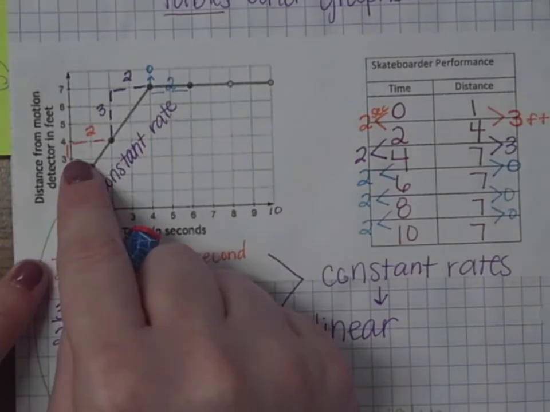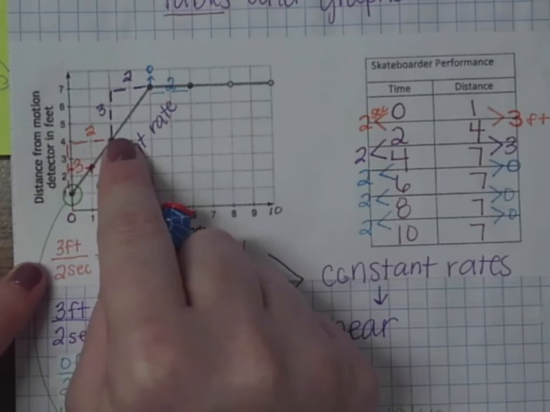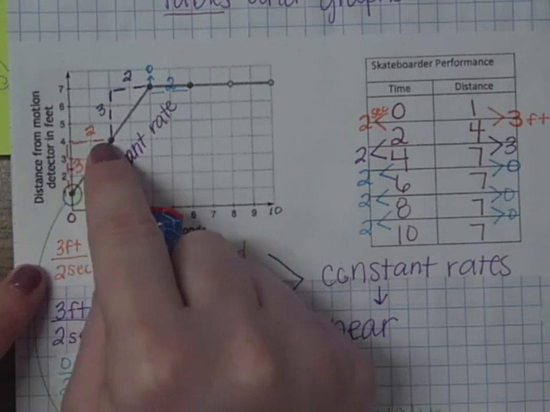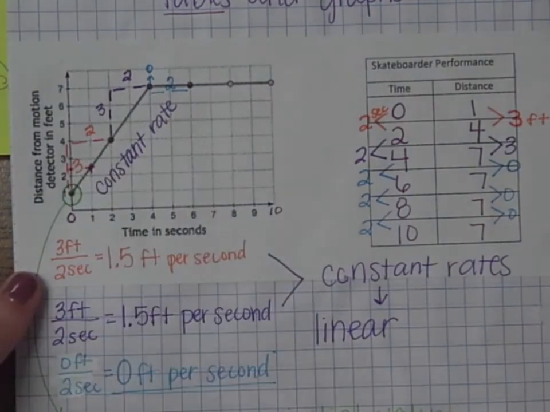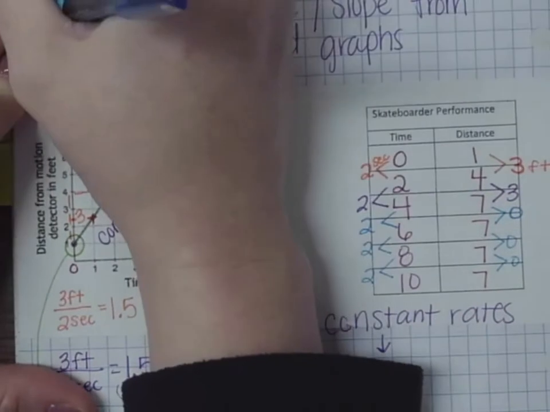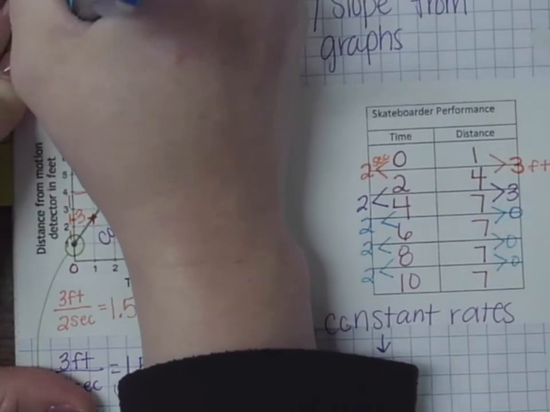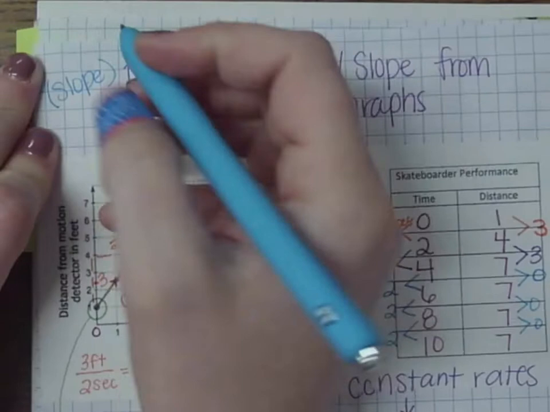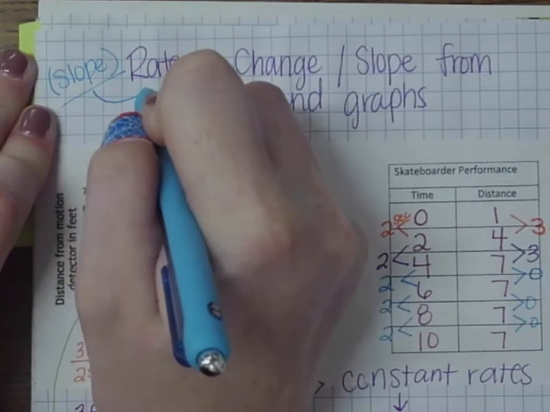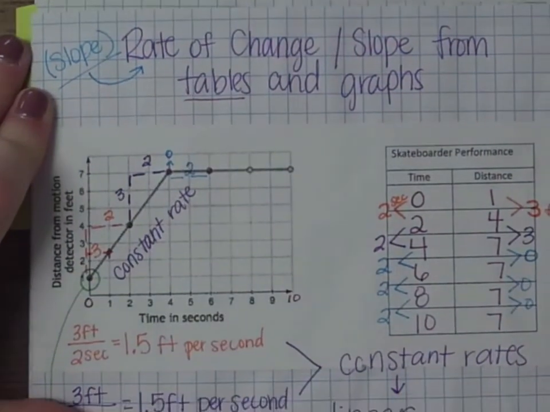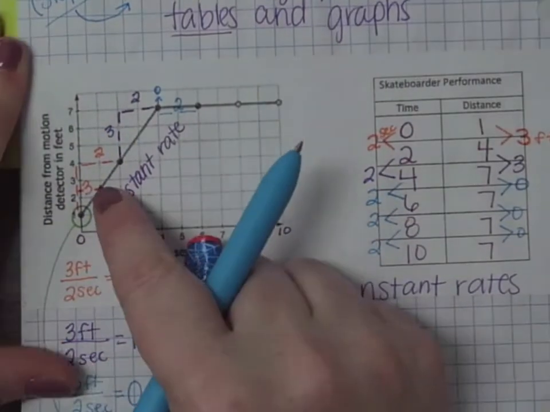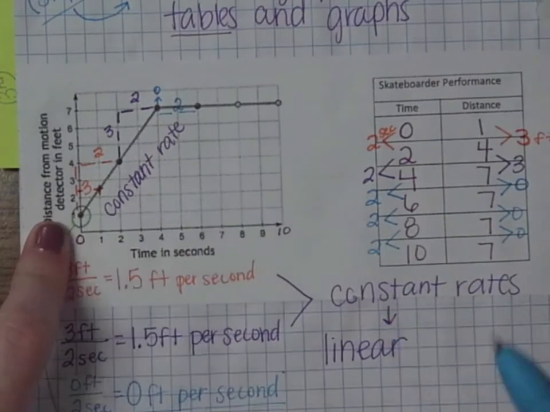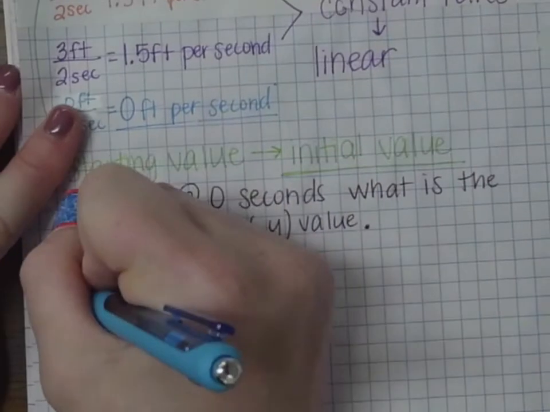So if you look, these are called slope triangles, or rate of change triangles. Remember, rate of change is the same thing as slope. So rate of change and slope are the same thing. This is called a slope triangle. It's telling you slope.